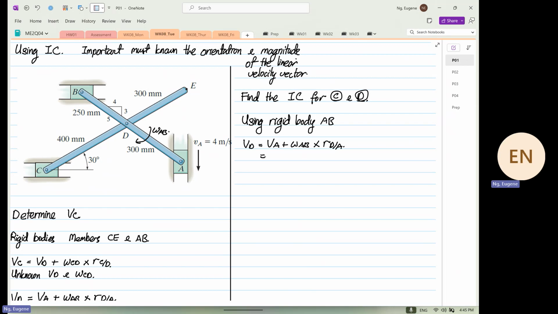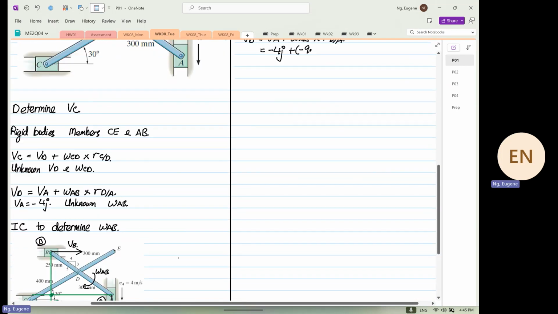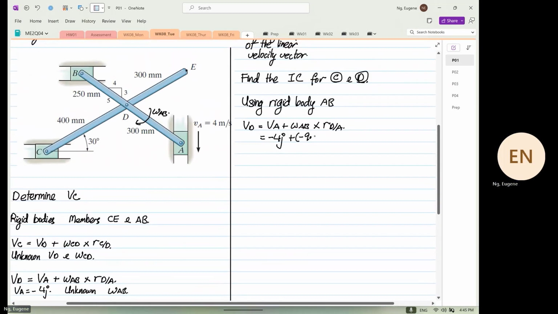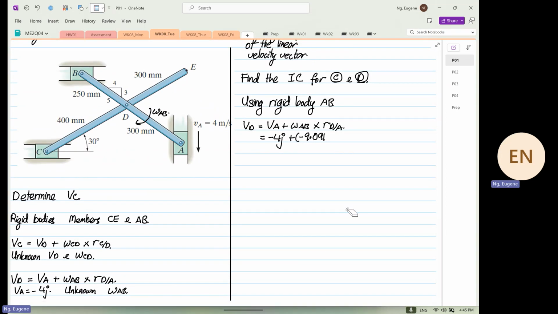So this will be equal to minus 4j plus minus omega AB, which is minus 9.091 k, cross R D from point A.